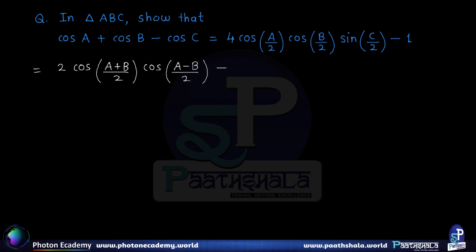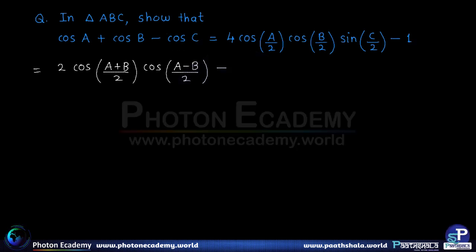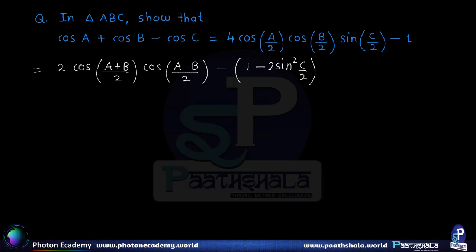Minus, if you observe, somehow we want to bring minus 1, and here we have cos C. If you remember, we can write the formula for cos C as 1 − 2 sin²(C/2), that's the double angle formula for cos.